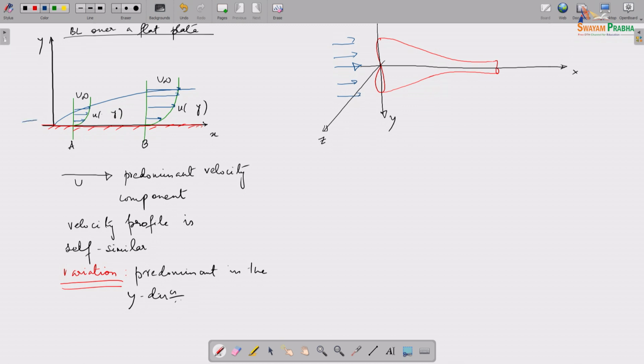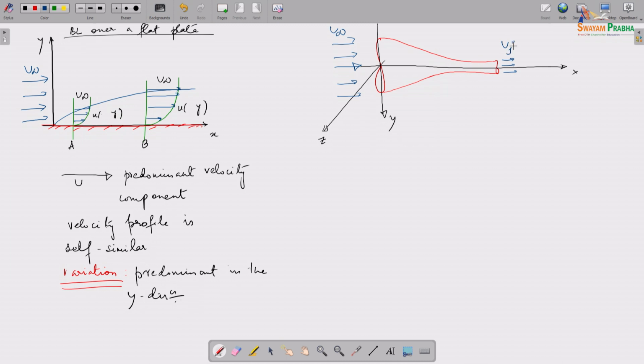This is the velocity profile which comes in, and this is the exit of the nozzle. Then you have a flow happening over here, which we have called U jet.